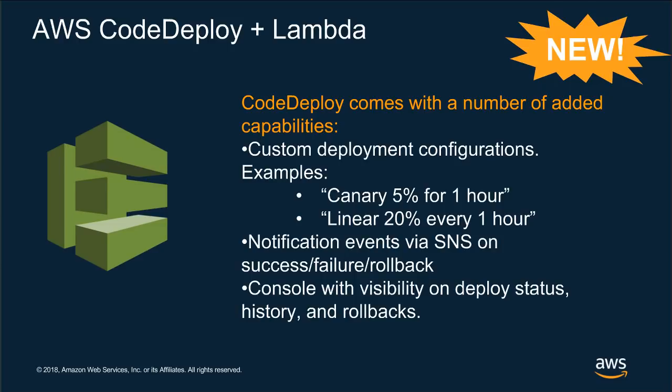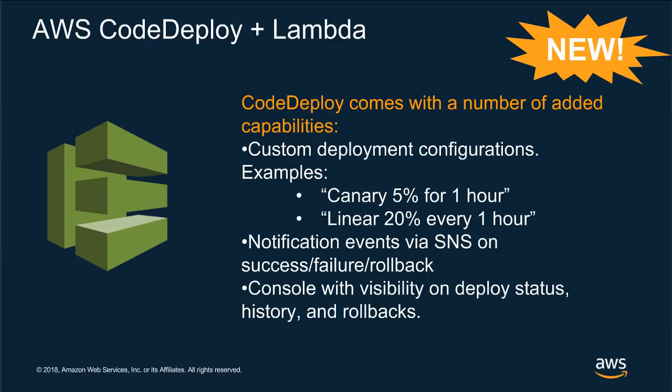You have also notifications that can be sent via SNS on a couple of different aspects of the deploy. So we saw before the pre-traffic and post-traffic hooks that existed. In this case, CodeDeploy also supports a number of different lifecycle events, which you could kick off an SNS message or a Lambda function to do all sorts of different things. And then lastly, it is a service that has a very rich console inside of the AWS console.